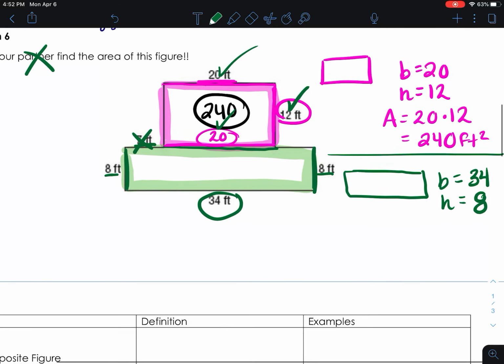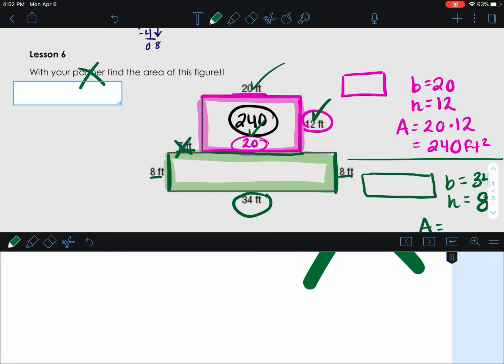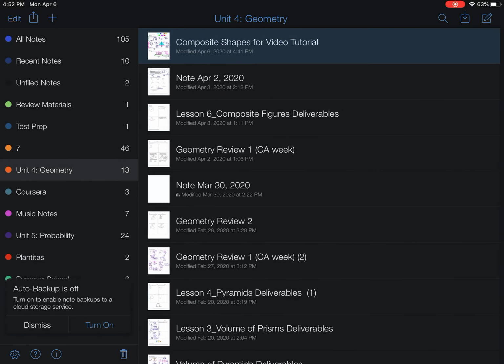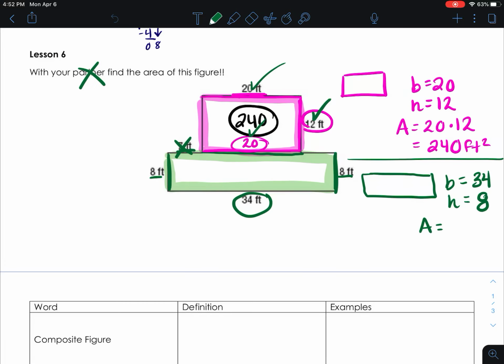So now what I'm going to do is solve it. Area equals 34 times 8. I don't know what that is off the top of my head, so I'm going to calculate this on the side. 34 times 8. 8 times 4 is 32.